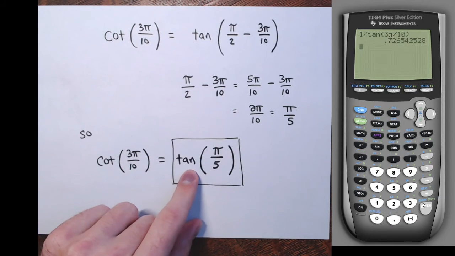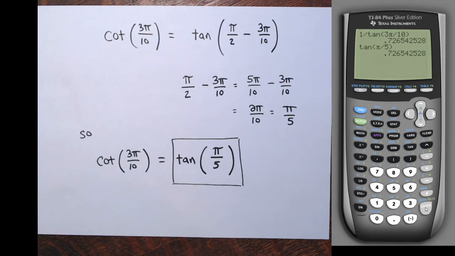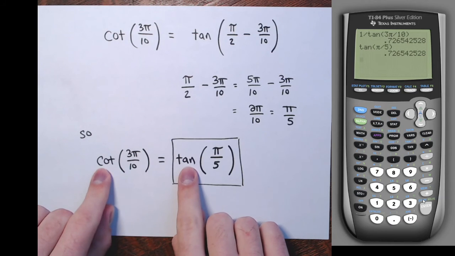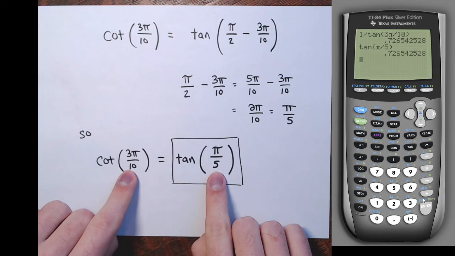Now let's see if it's actually equivalent to this other side. The tangent of pi over 5, the tangent of the complementary angle, and look, they are indeed the same value. And that will always happen, as long as you have your cofunctions and the angles inside are complements.